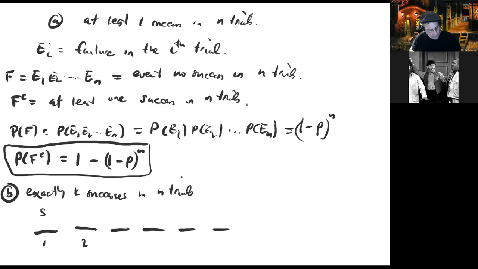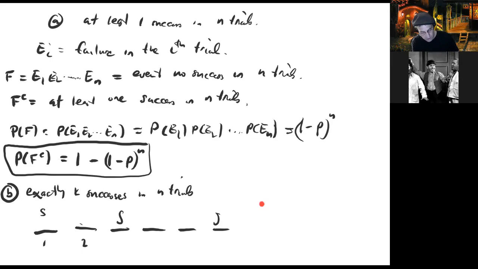So we want K successes, so we have to put successes in various places here. So for example, if n is 6, and S is success, and we want 3 successes, here is one configuration of 3 successes in n trials. Of course, I can put my successes in any of the slots as long as only 3 slots are occupied. But how many ways are there to occupy 3 slots?